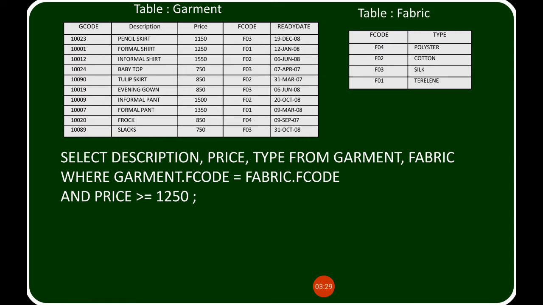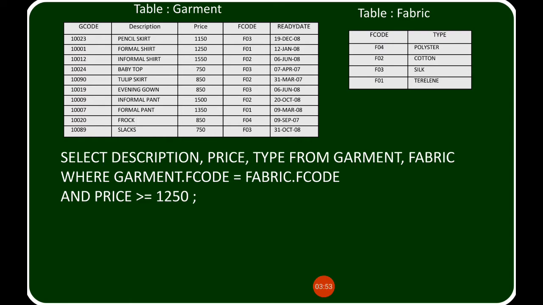So the query will be, as asked in the question, select description, comma price, comma type from. Now we usually write a single table name, but now it's a join query. So we have to fetch the data from two different tables. So we'll write here garment, comma fabric, where.